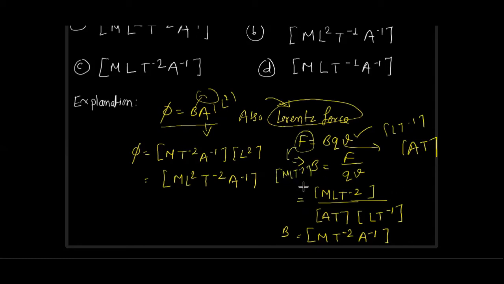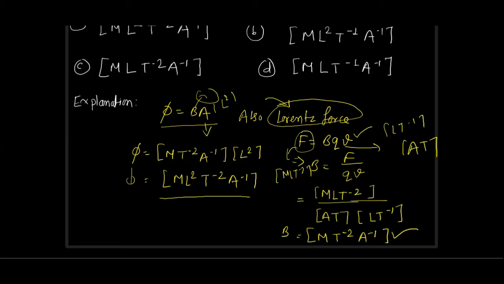After using all of these, we'll get the dimension of B as M T minus 2 A minus 1. Multiplying by the dimension of L square, we'll get the dimension of phi, and this is M L square T minus 2 A minus 1.